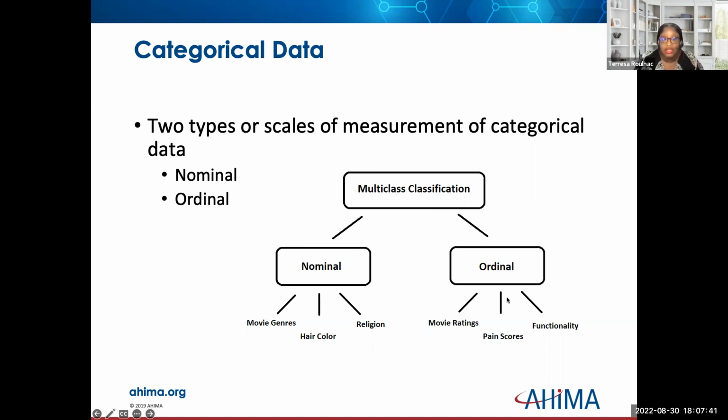And then your ordinal: the ratings of the movies, your pain score on a scale of 1 to 10, or functionality. Now, other things about the ordinal scale is that it has a lot of variables in a specific order beyond just naming them, all right?